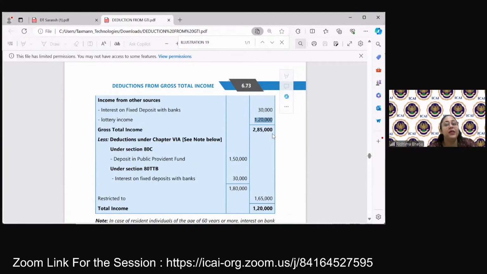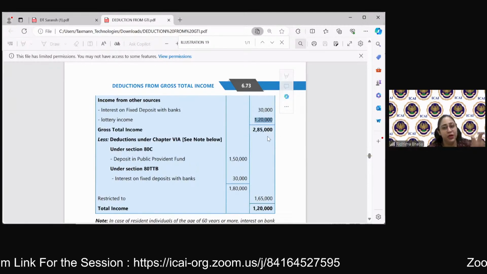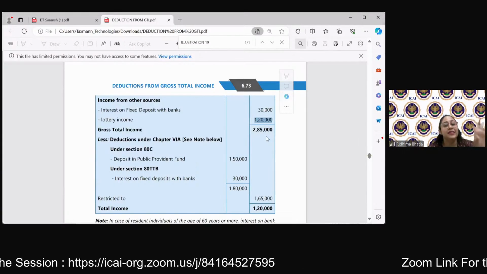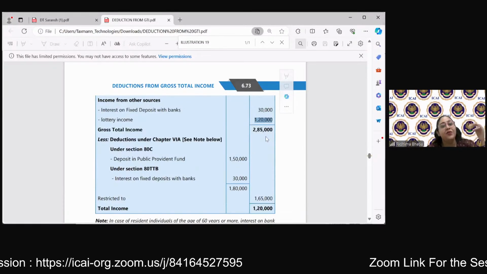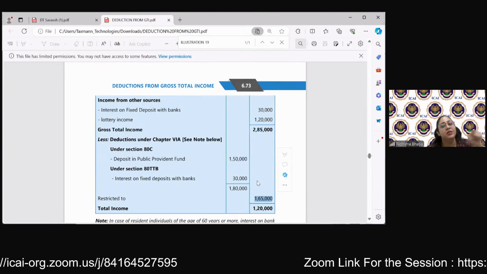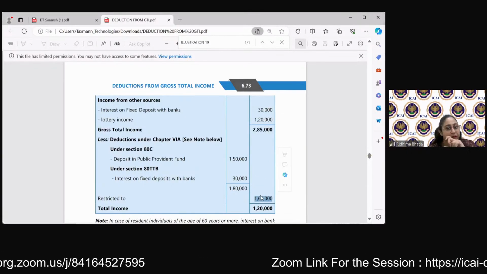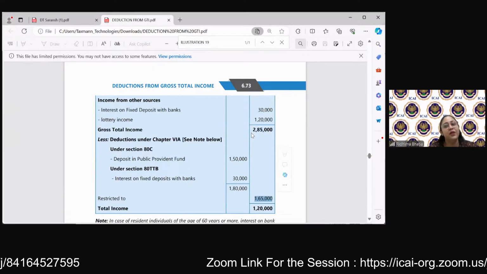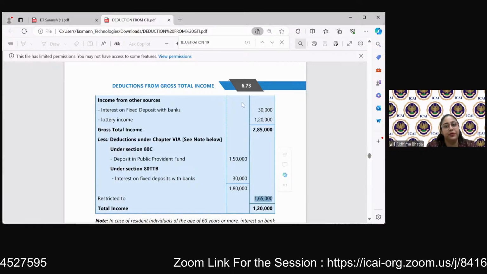The 285 minus 120, only 165 is an eligible amount from which I can claim the deduction. So that's why all my deductions got restricted to 165. Had it been lottery income, had it been capital gain under 112, all of that has to be excluded.